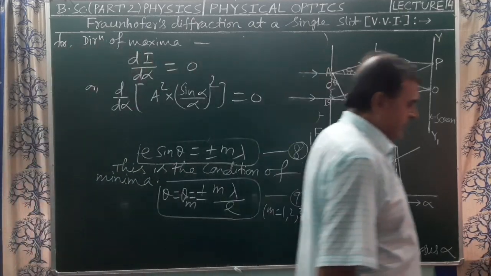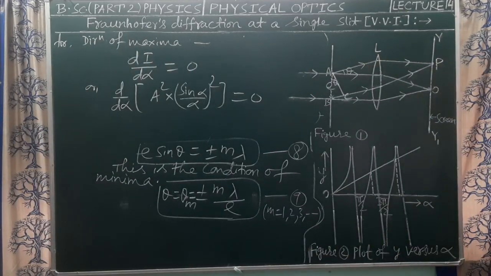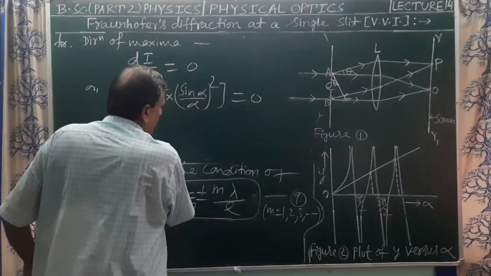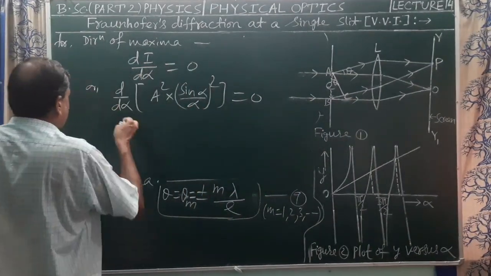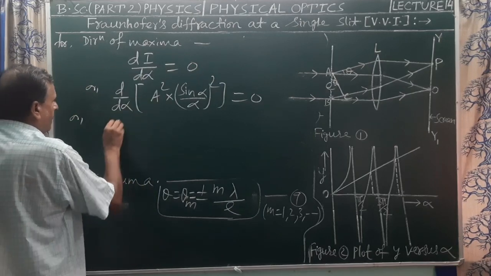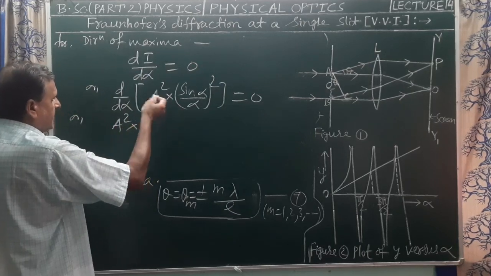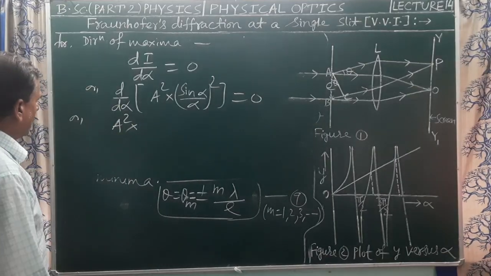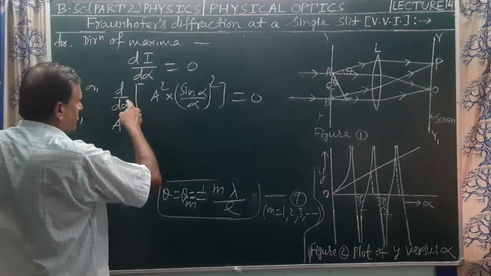Now, differentiating A squared sin alpha upon alpha squared with respect to alpha, A squared is a constant, so it is taken out of the differentiation symbol d by d alpha.